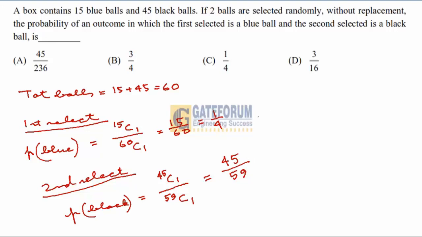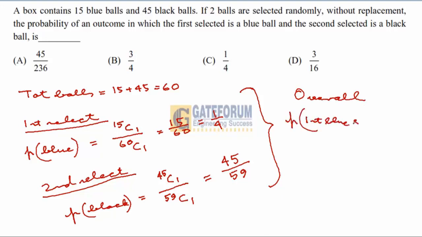So the total probability, the overall probability, would be how much? The overall probability that the first is blue and the second is black without replacement is given by 1 by 4 into 45 by 59.